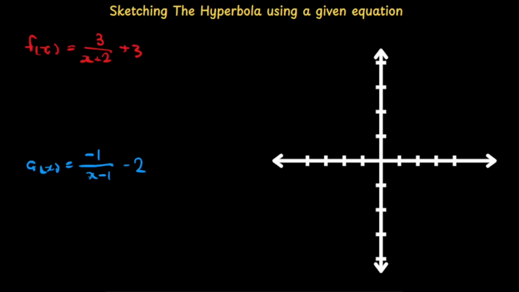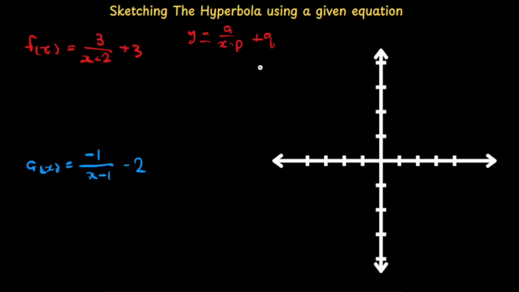So let's look at this equation, right? If I inspect this equation, I can see that the q value, using the equation y is equal to a over x minus p plus q as our standard formula, is positive 3. And we know when it comes to the hyperbola, the q value is in fact the y value of our horizontal asymptote.